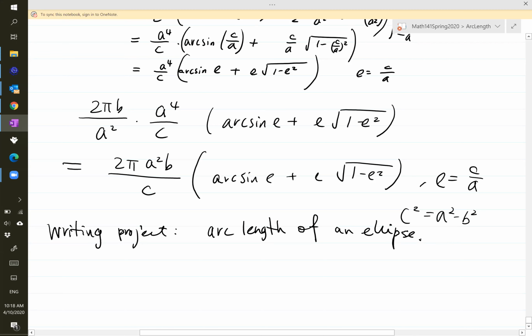This is a really good topic. You can try to Google search the history of the arc length of an ellipse. It's really important, so it opens the door to many important subjects in mathematics. If you do a writing project, it will introduce you to many beautiful mathematics. So I suggest you write this writing project on this.